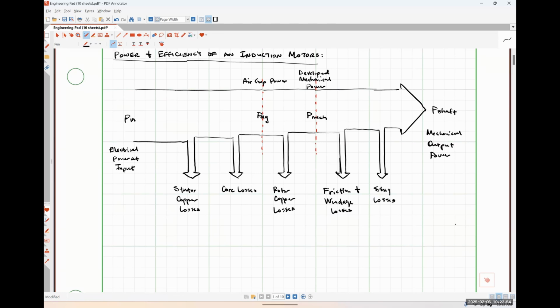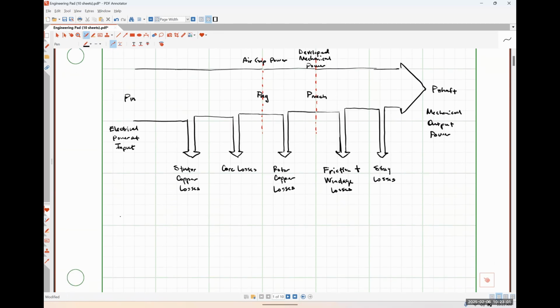So we've talked about copper losses before. We've talked about core losses. So just really briefly here, I'll say PFW. This is our friction and windage losses.